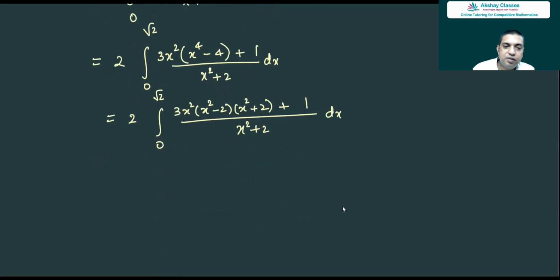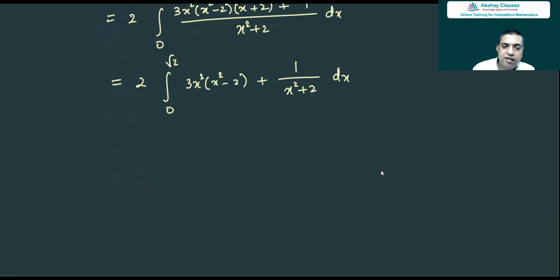So we get a very simple expression, 0 to root 2. This cancels, x square plus 2 cancels. We are getting 3x square into x square minus 2 plus 1 upon x square plus 2 dx.